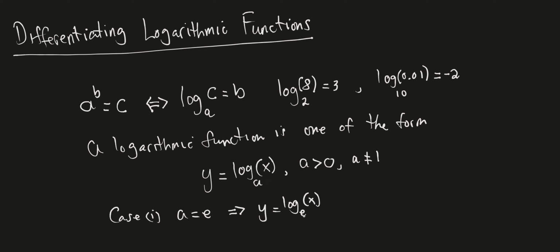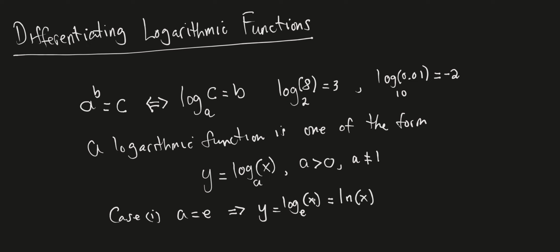But we have a nice shorthand notation for this, and it's pretty widely accepted. It's on pretty much every scientific calculator. Whenever your logarithm is in base e, we refer to it as the natural logarithm, and it's denoted ln of x.